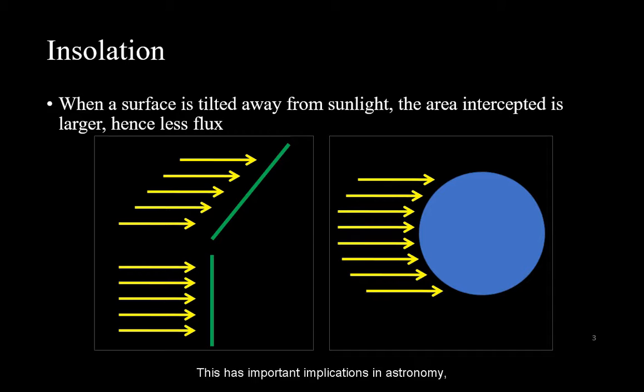This has important implications in astronomy, as it explains how sunlight shining on Earth, known as insolation, heats the surface differently depending on latitude.